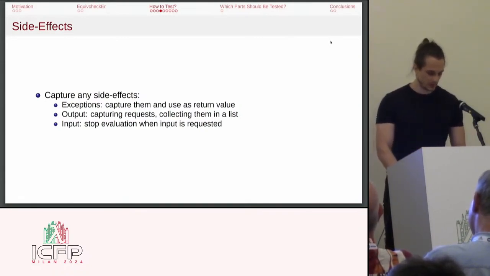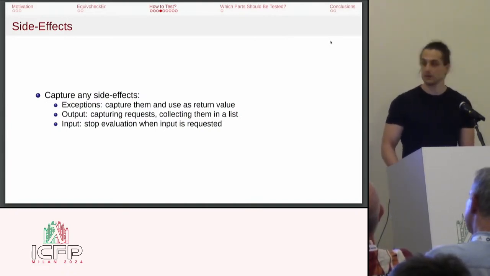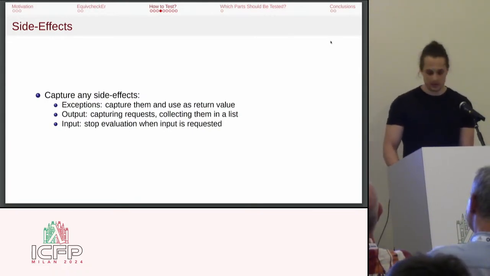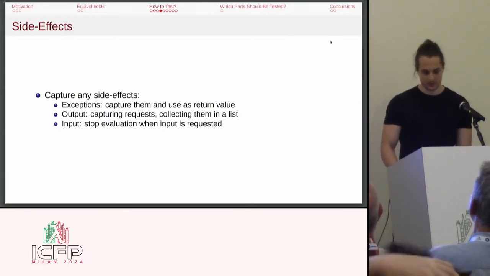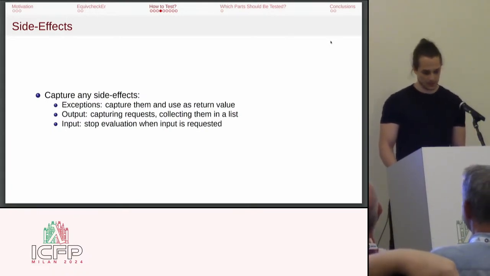For outputs, it was a bit more involved. But what we are doing is that we're capturing any request for writing to the standard output. We are unwrapping them, so we get the exact string that was meant to be written to the standard output. And we are collecting them inside a list that we can do the comparison on later.